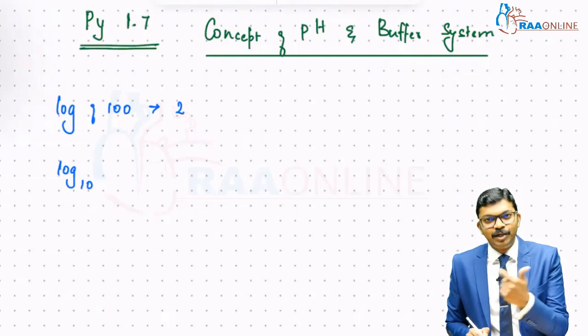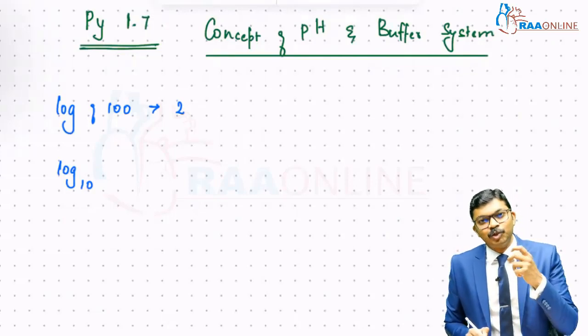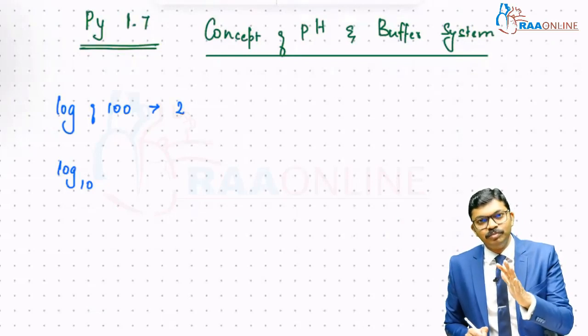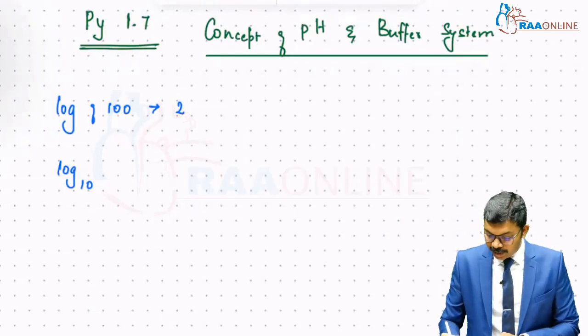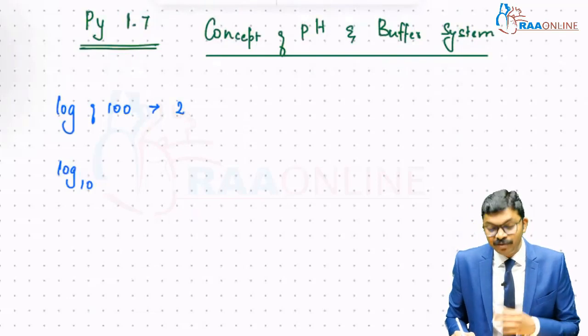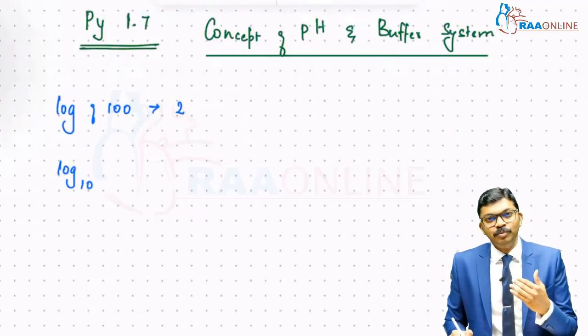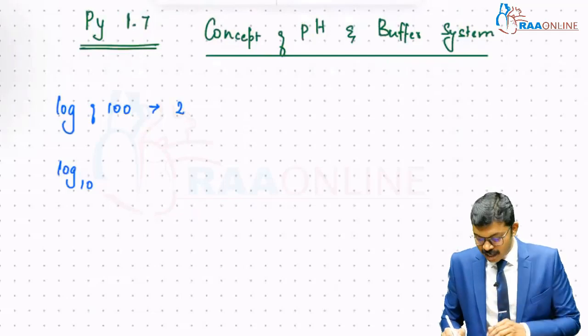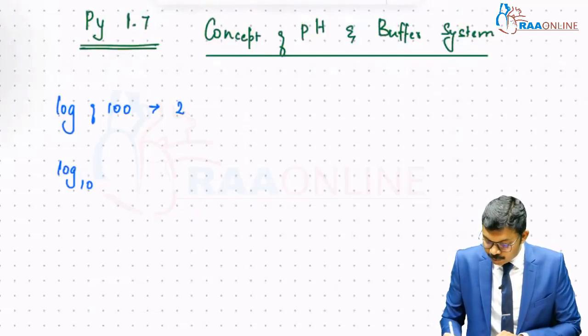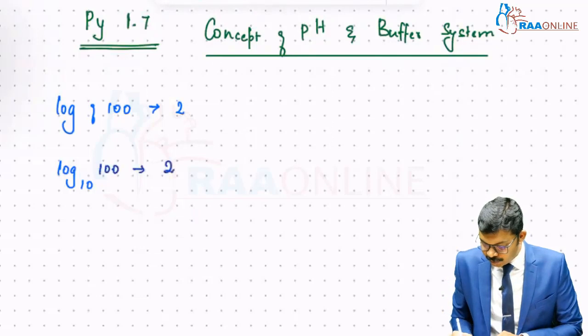So if I square 10, I'll get 100. So to reach 100 from 10, I have to go for 10 squared, and that is how I'm getting this value. The logarithm of 100 is going to be 2, guys.